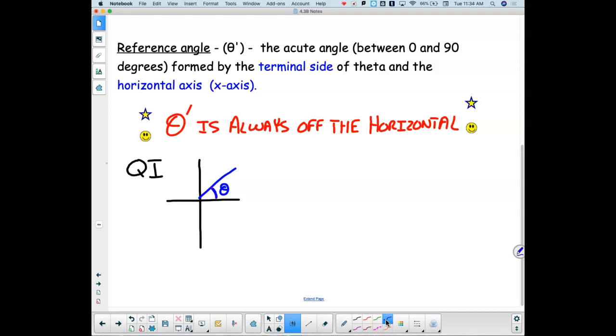That's theta. So then I want to say theta equals theta prime. Quadrant number 1 is the easy quadrant. Quadrant number 2.